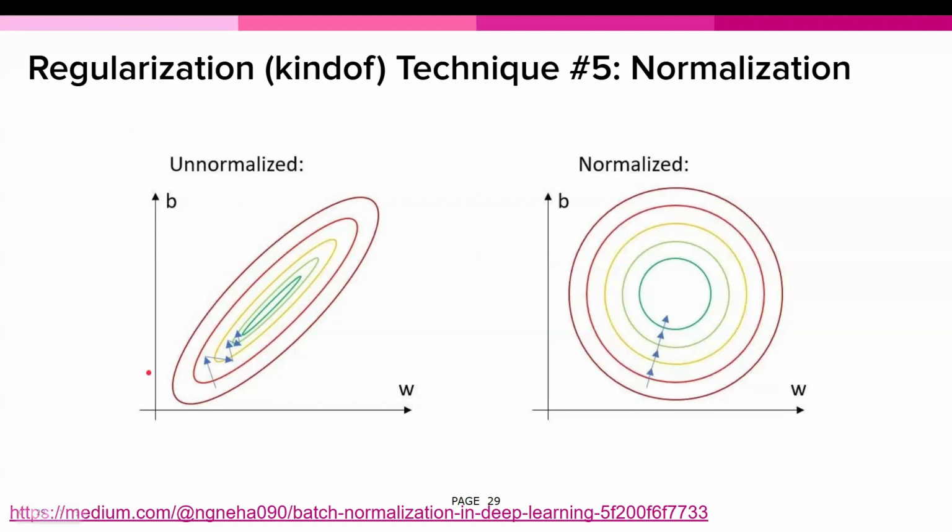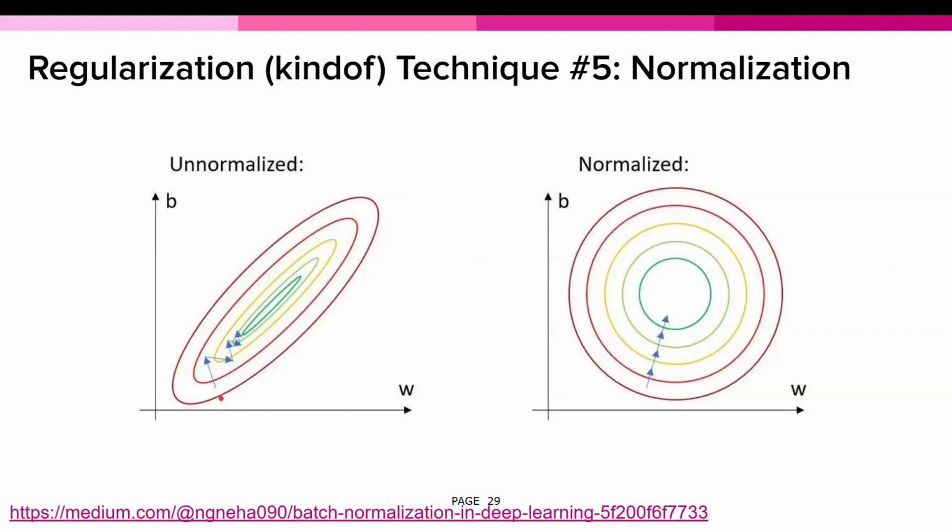And so the idea is that if one feature has a much larger scale than another, the gradients for that feature are also going to be larger. And so as gradient descent updates the weights, it's going to take big steps in the direction of the feature that's changing more quickly, and then small steps in the direction that's changing more slowly.